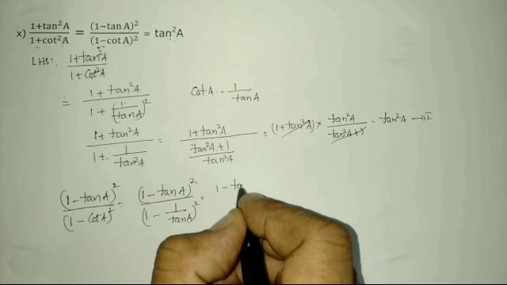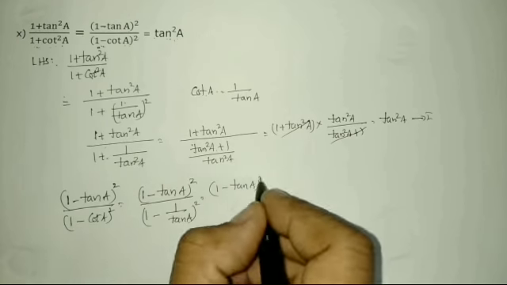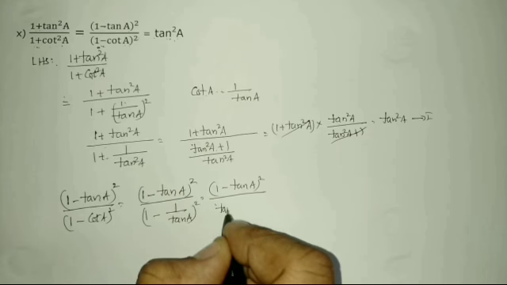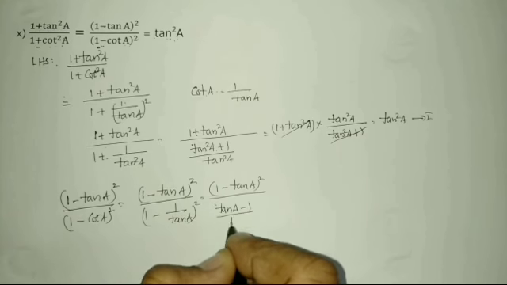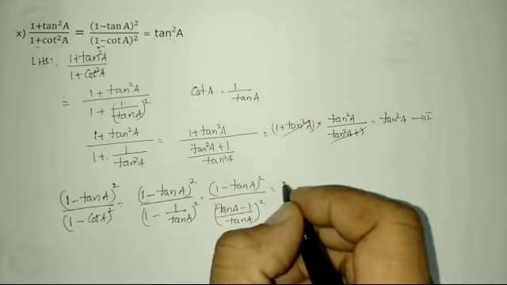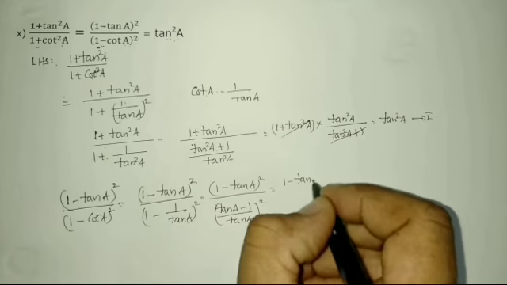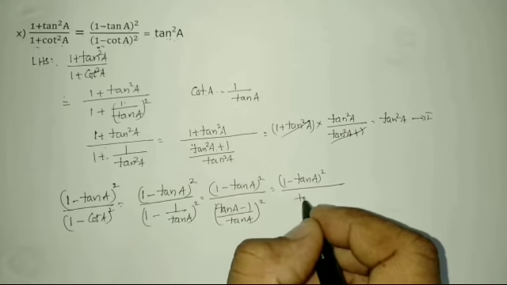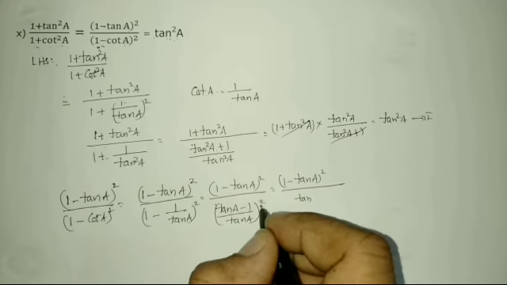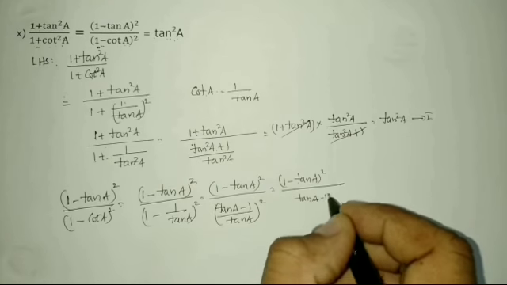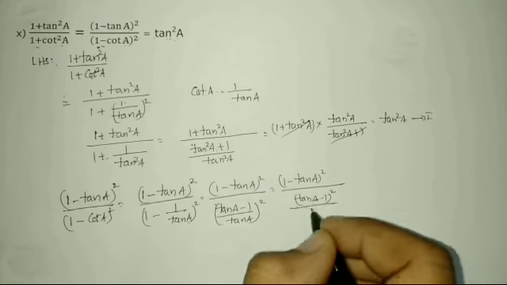So 1 minus tan A whole square by, this can be written as tan A minus 1 by tan A whole square. Now A by B whole square can be written as A square by B square, that is tan A minus 1 whole square by tan square A.